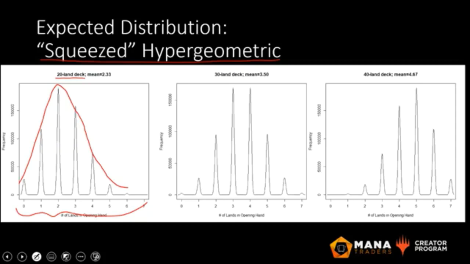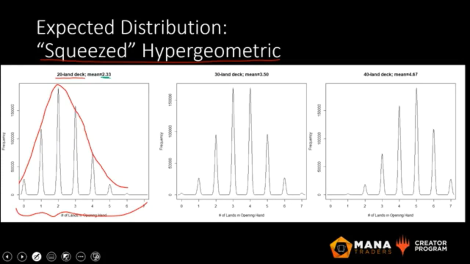With the best of one hand selector, it's going to squeeze this distribution, so this is according to WotC, so that the number of lands in your opening hand is closer to the mean. The mean here is 2.33.